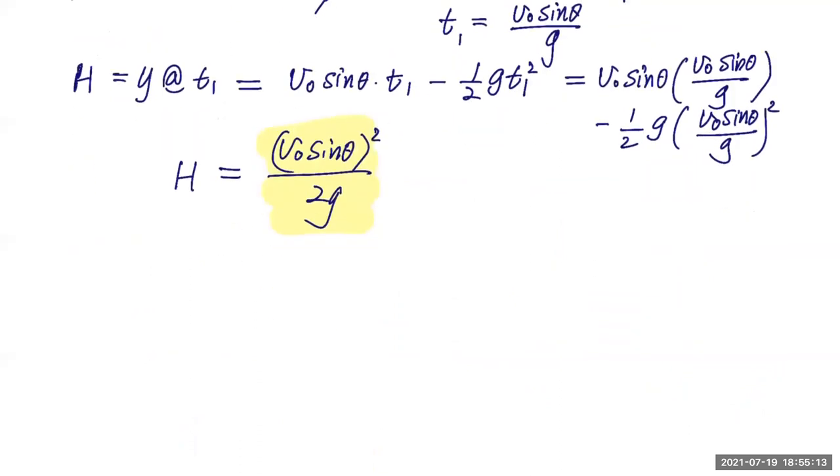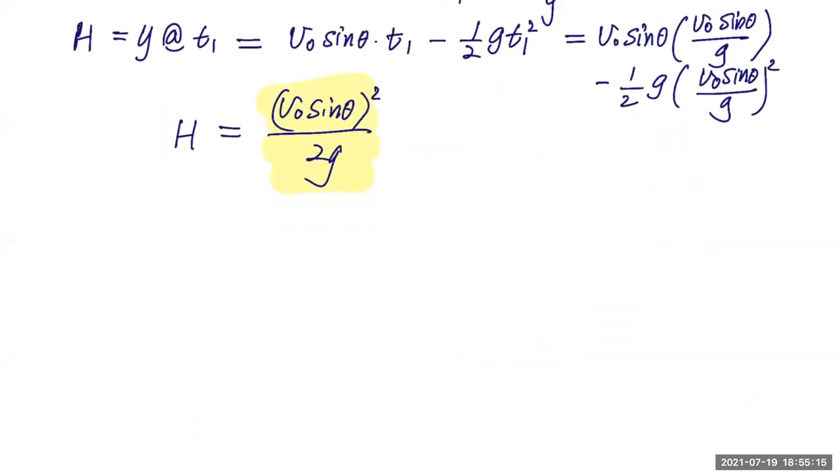But there is a formula for uniformly accelerated motion, which we learned from chapter 2, that has no t in it. And that formula is v final squared minus v initial squared equals 2a times x minus x initial. Remember that?